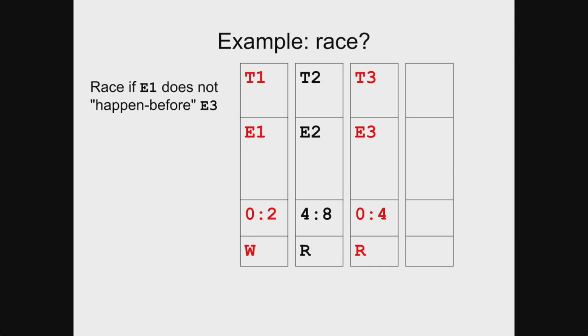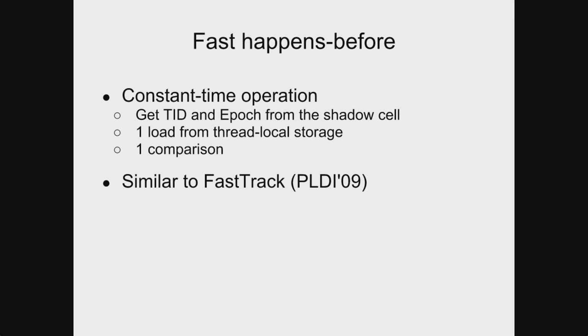So the answer to this question is the same as the answer to the question whether epoch 1 happens before epoch 3. I will not go into details here, but this is a very fast constant time operation, which basically involves a couple of memory accesses to the global state. It is well described in literature.